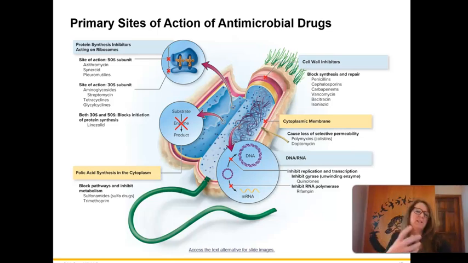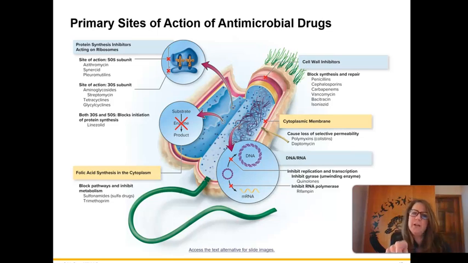So essentially, when that DNA opens up, and normally the bacterium would be replicating the G's and A's and the T's and C's, what can happen is these particular antimicrobial drugs are going to inhibit that enzyme so that the DNA doesn't unwind. So therefore, it's not able to replicate.